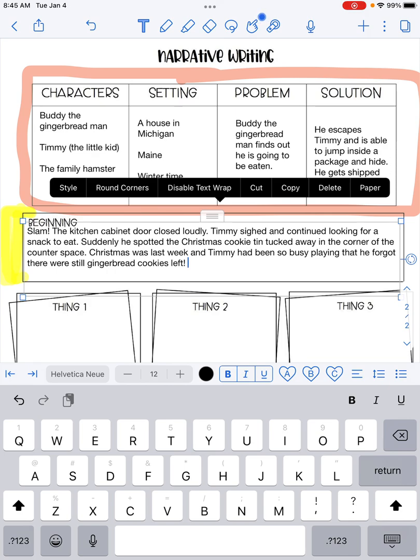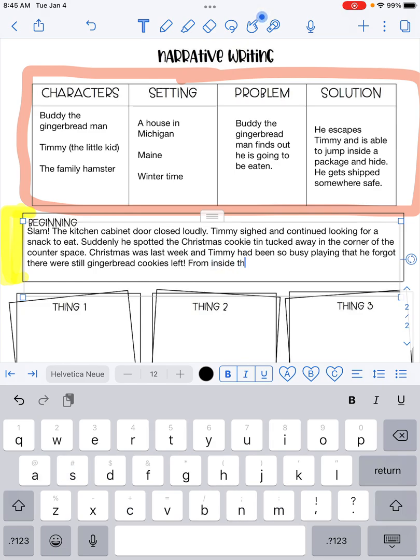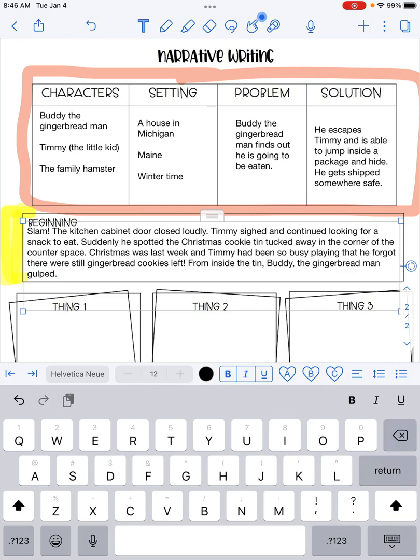I need to have Buddy find out that he's going to be eaten. So now I might include this. From inside the tin, Buddy the gingerbread man gulped. Well, now, why would he gulp? We don't know yet.